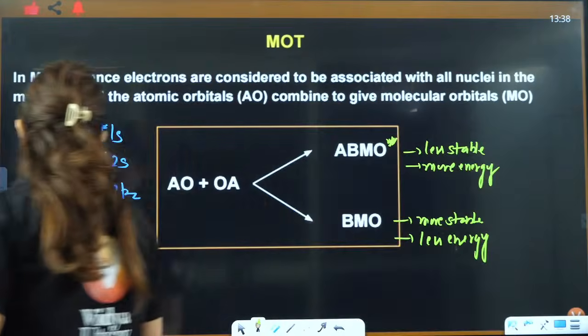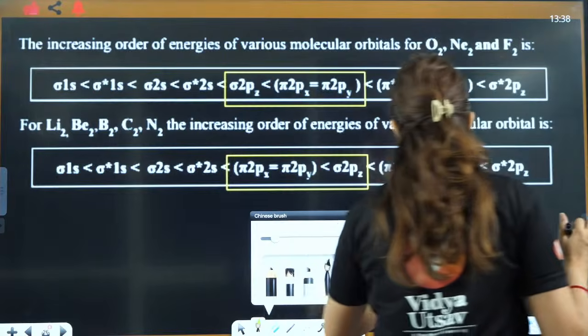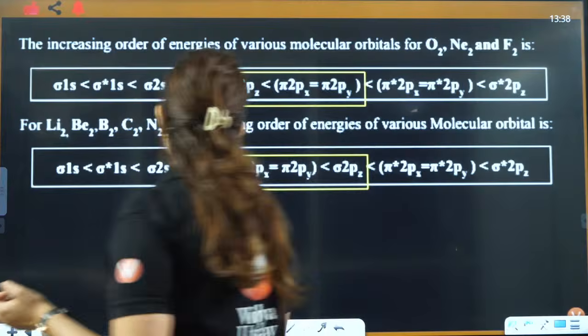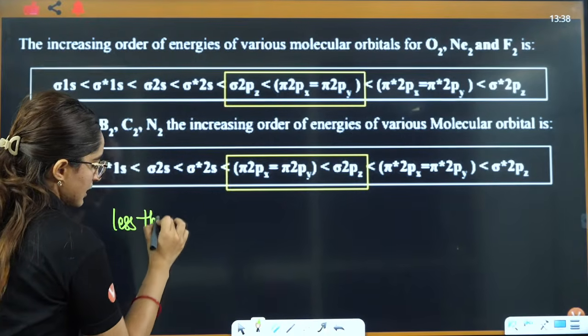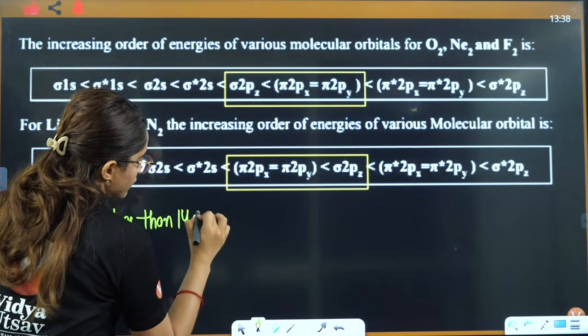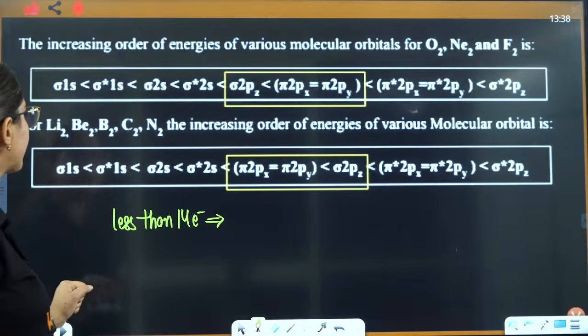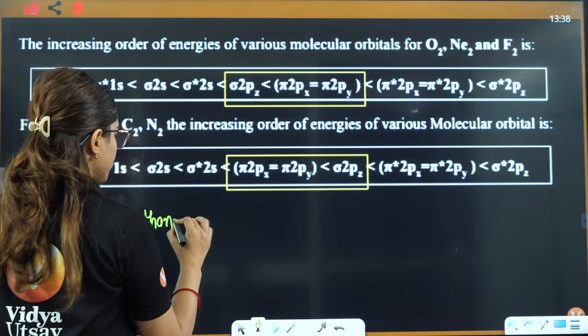Now let's see another thing that you need to remember for your exam. If you have less than or equal to 14 electrons in any molecule, that is one case.